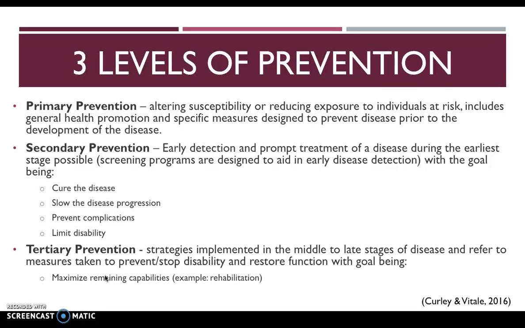The secondary prevention is all about screening, early detection, and being able to catch it so that you can slow it or cure the disease before it develops any further. Tertiary prevention is about treatment. Patients already have the disease, and so now they're trying to treat it to prevent disability and restore function.